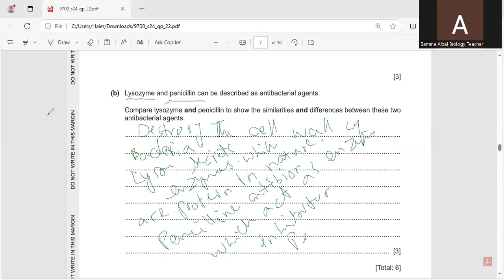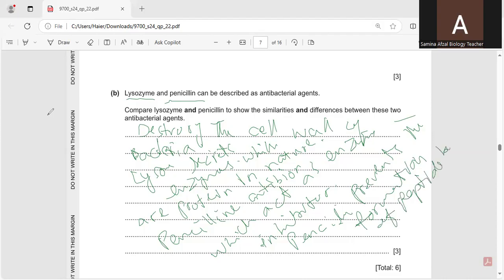So penicillin prevents the formation of peptide bonds. So in this way, they are similar and different from one another.